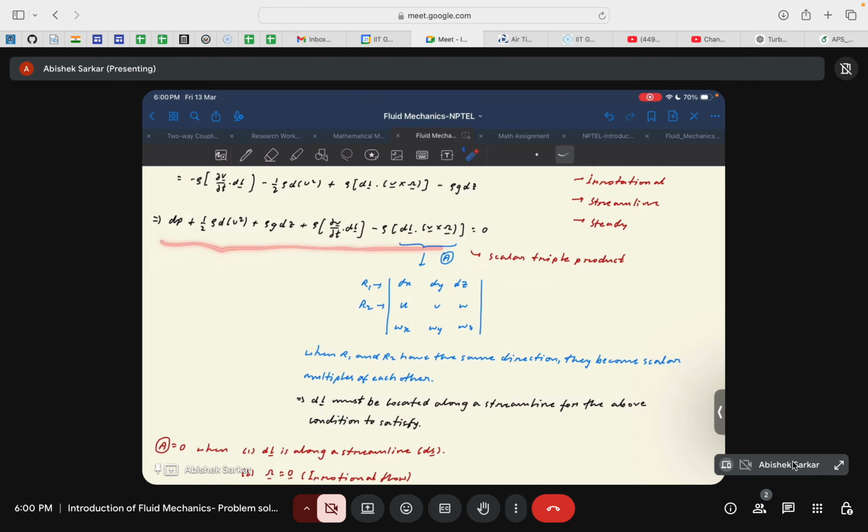Now you can see that there are some remnants of the much celebrated Bernoulli's equation that we eventually see. The pressure term is there, the velocity term is there, and the potential energy term is also there, plus some additional terms because of these two terms, this term and the vorticity term.